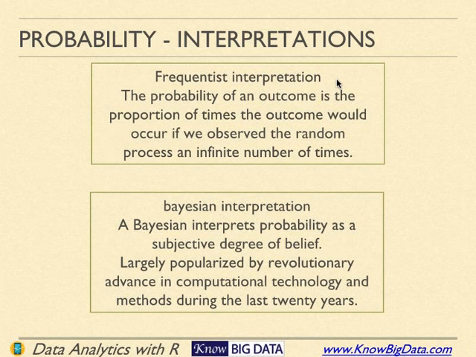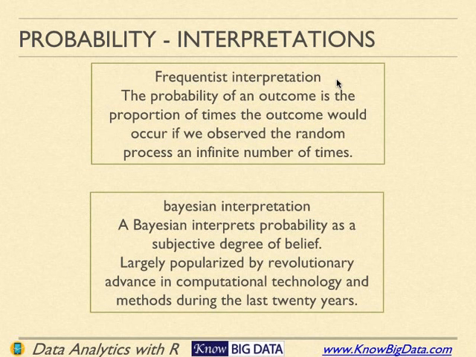Now, there is a little bit of a difference in the gambler psychology, or frequentist interpretation. You remember those movies where you watch a gambler who keeps on betting all the time, believing that since he has been losing, this time he will win, right?